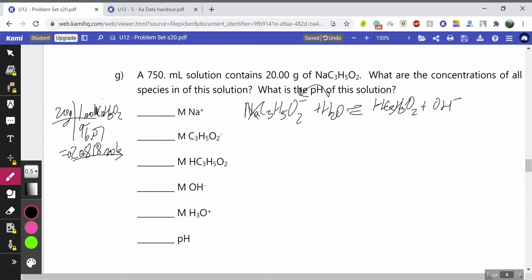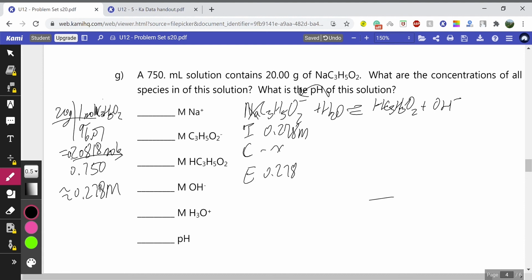Divide that by 0.750 liters and we get approximately 0.278 molar. Now this is going to be 0.278 molar in the ICE table. It's going to be minus x, 0.278 minus x. It's going to be 0, 0 plus x, x.